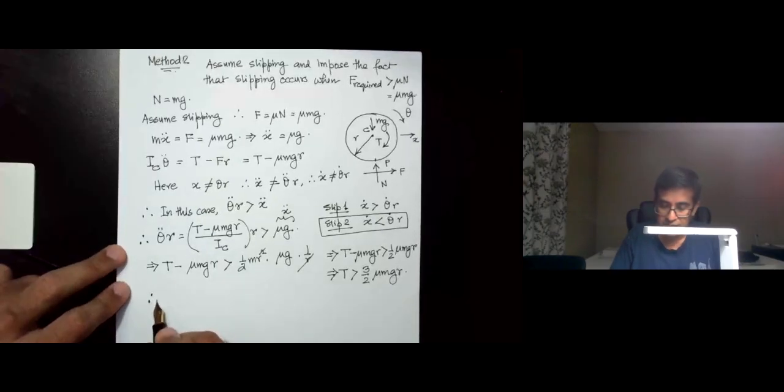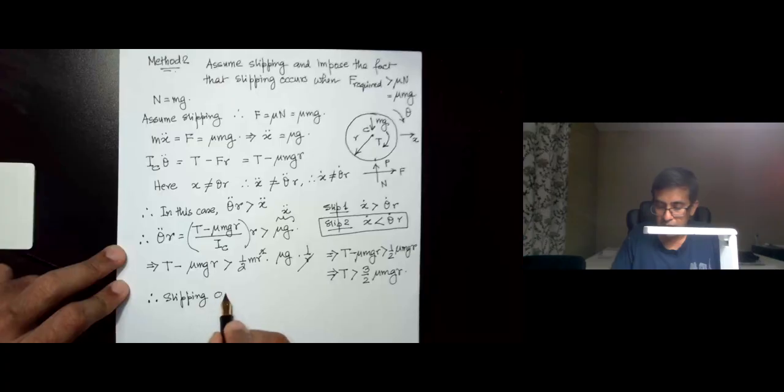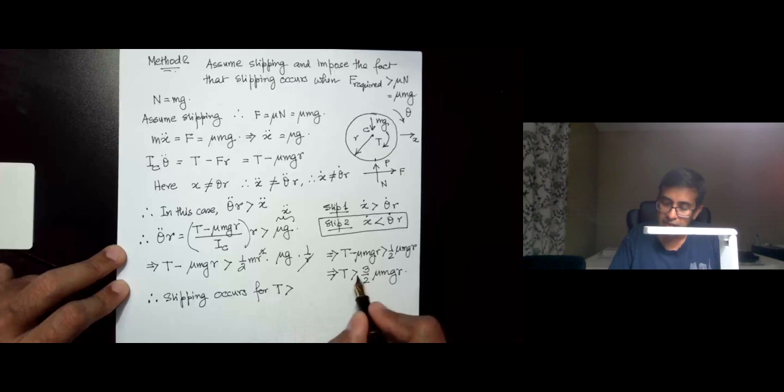So you see that slipping occurs for T greater than, and the limiting case is equal to, 3 by 2 mu mgr.